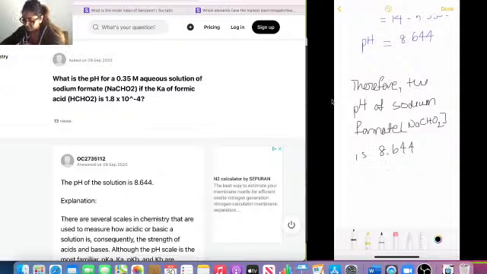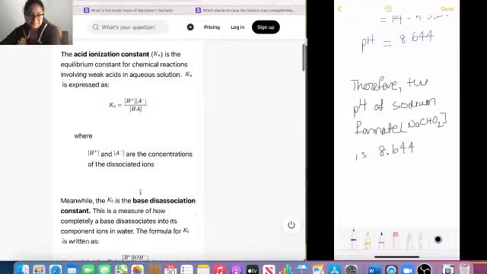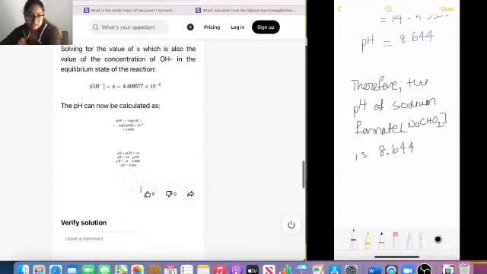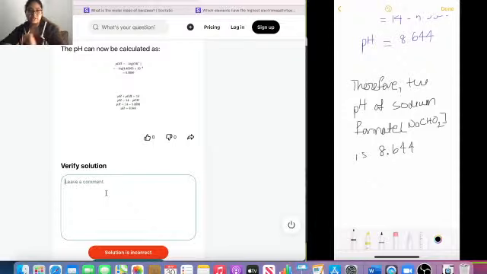And this indicates it's basic, since on the pH scale anything above 7 is basic, anything below 7 is acidic. And so this indicates that your pH is 8.644, right? And this is what they have got, and so your solution is correct.